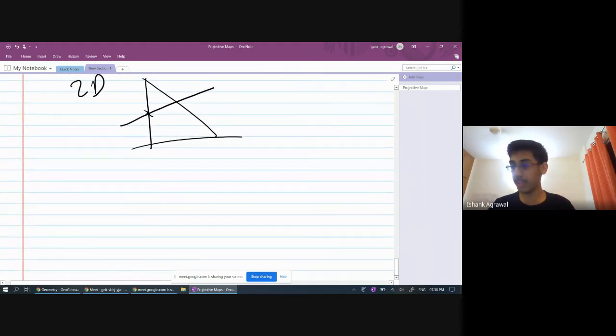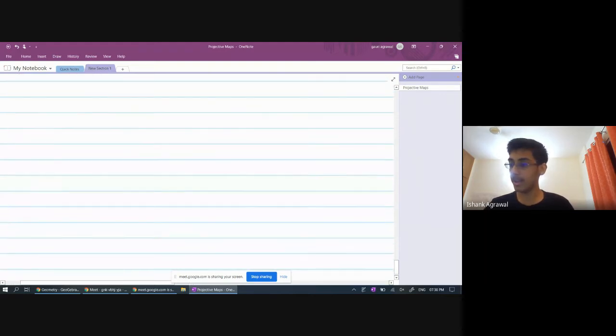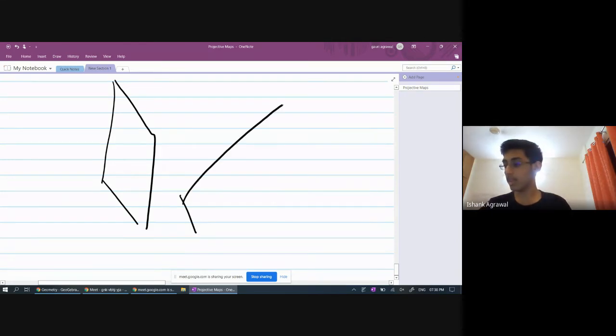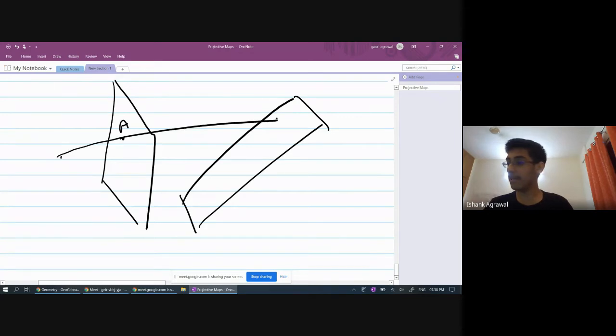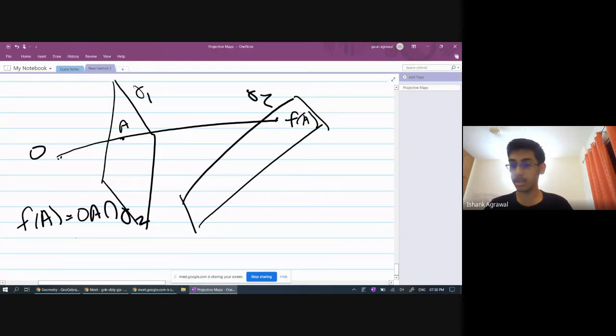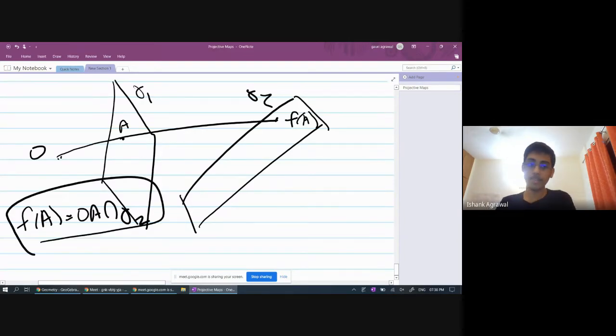In 3D, a perspectivity is: you take one plane, you take another plane, and you define the image of the map by, say, gamma 1 and gamma 2. That's the natural analog for 3 dimensions. Does everybody understand how I've defined a perspectivity in 3 dimensions?